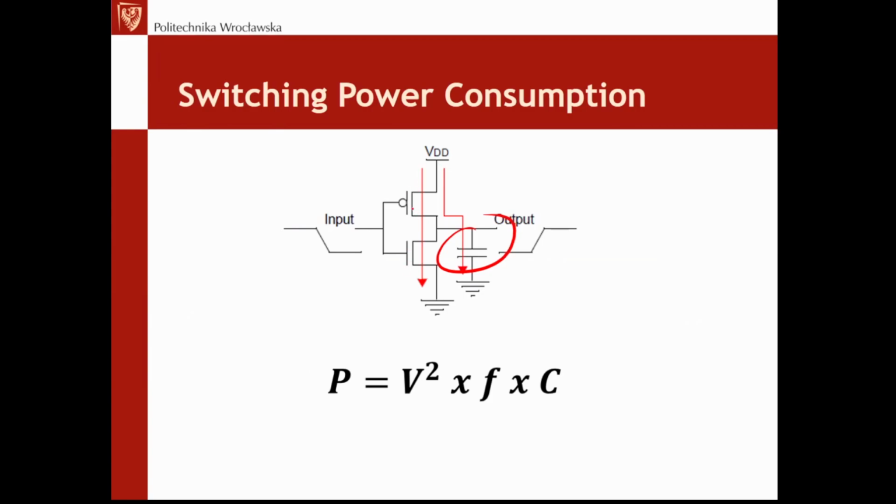The short circuit is the second arrow. So this is the arrow showing the problem. We have the CMOS circuitry, which means that there is a P-type and N-type MOS.